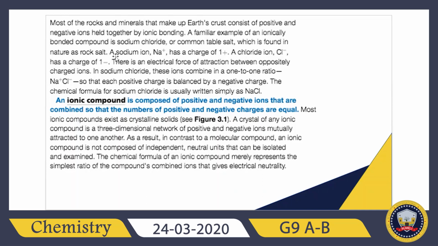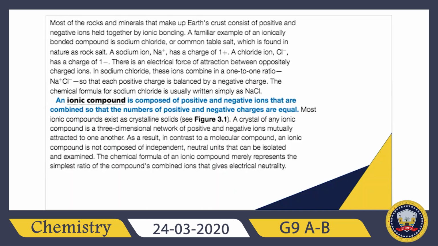Do you see here? Now, so you have Na+ and you have what? Cl-. Now, there is an electrical force of attraction between oppositely charged ions. And we said this before when we took a video about the ionic bonding and when we read about ionic bonding. Now, those ions combine in a 1-to-1 ratio so that each positive charge is balanced by a negative charge.